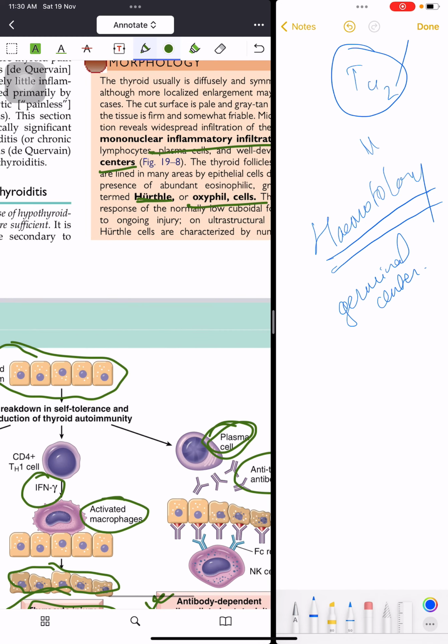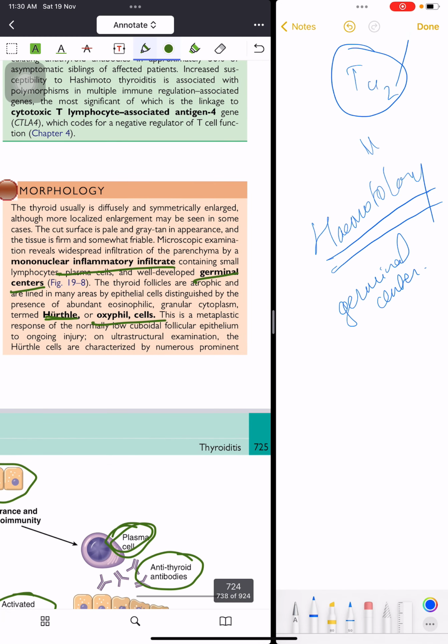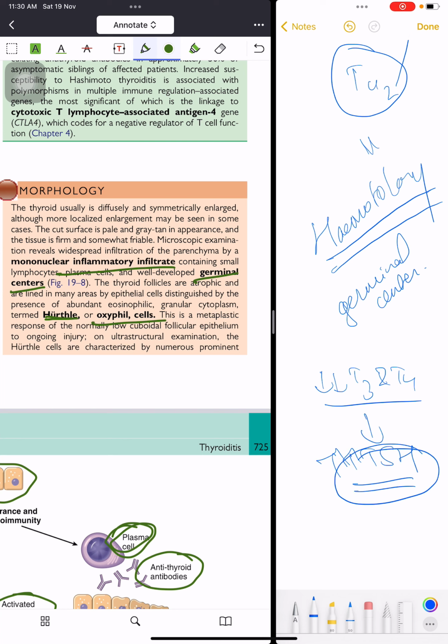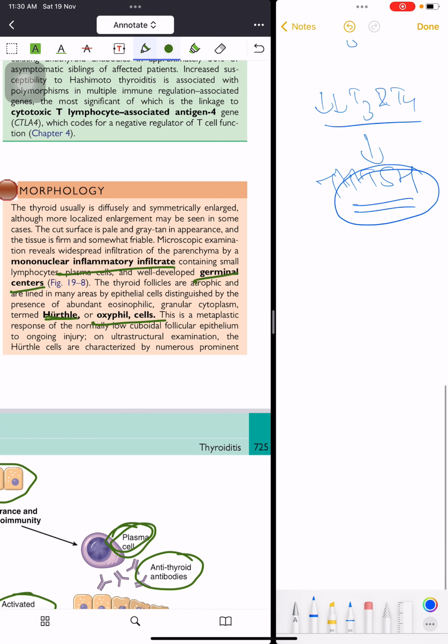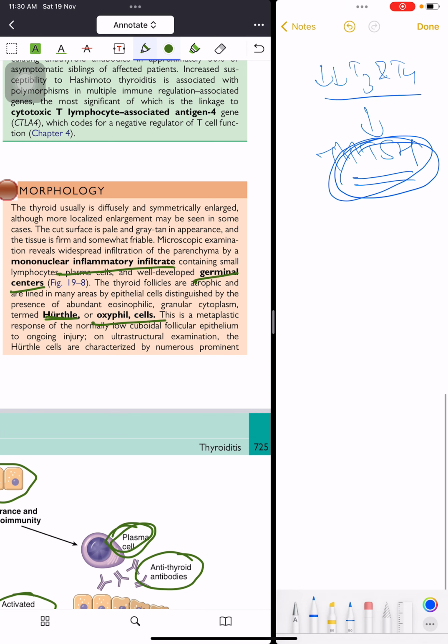What happens is there is a low amount of T3 and T4 in your body, because the thyroid follicular cells can't form T3 and T4, and because of which there will be an increased amount of thyroid stimulating hormone, TSH. This is because of the negative feedback component, and this TSH will continuously trigger the thyroid cells to make more and more T3 and T4, but the thyroid cells are already destroyed.